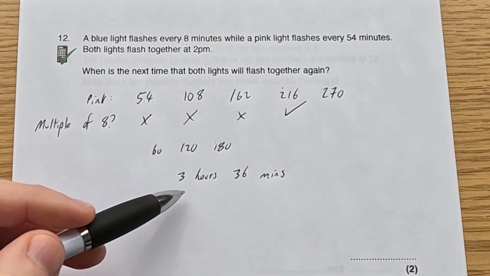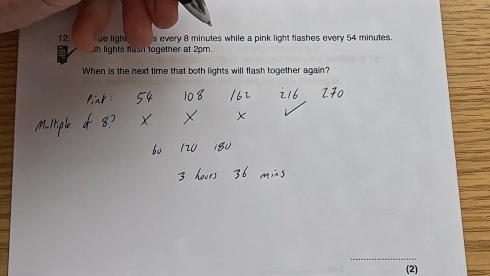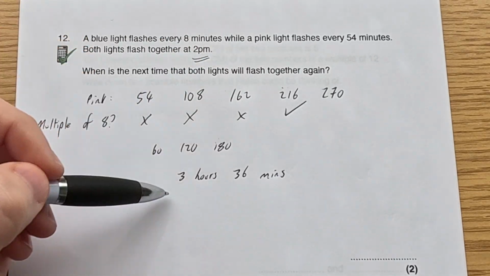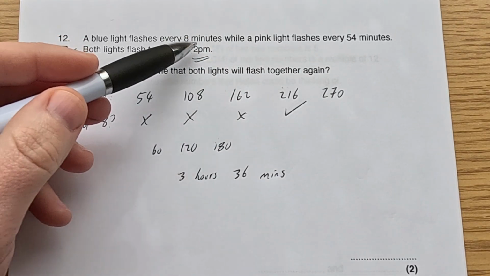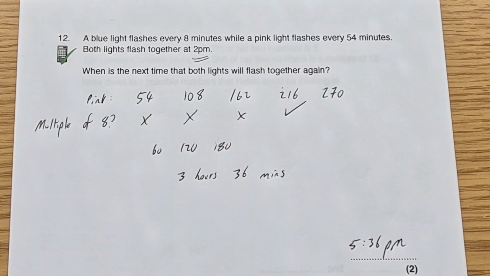So it will take 3 hours and 36 minutes for them both to flash again at the same time. Now they both flash together at 2 o'clock, so we need to add that on, so that's going to be 5:36. So 5:36 p.m., and that's it.